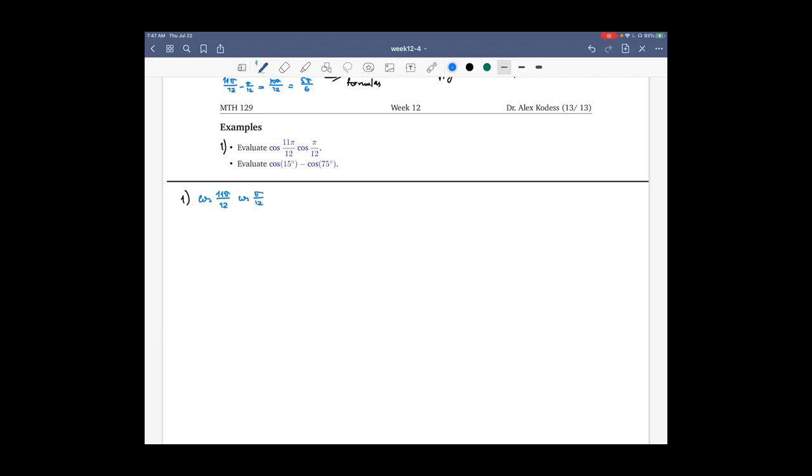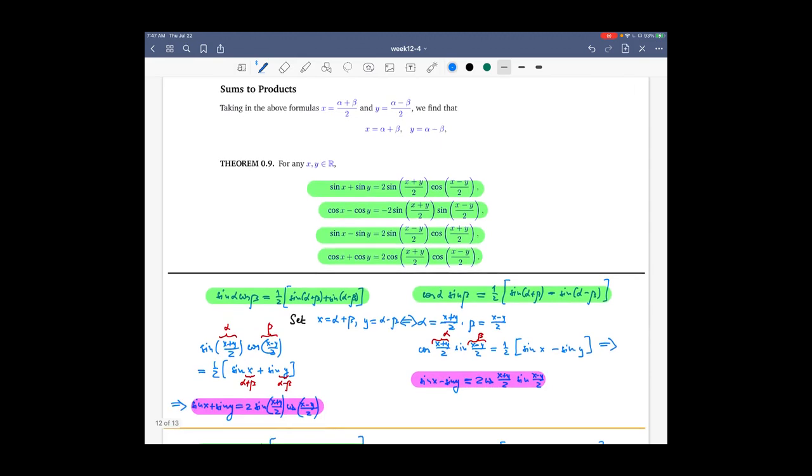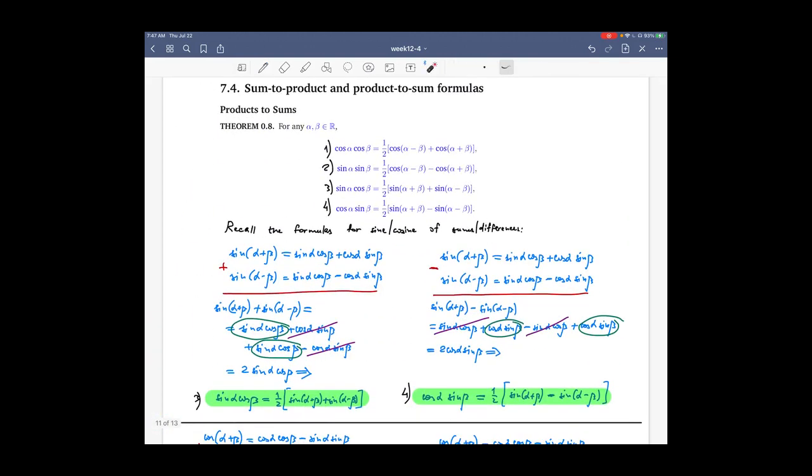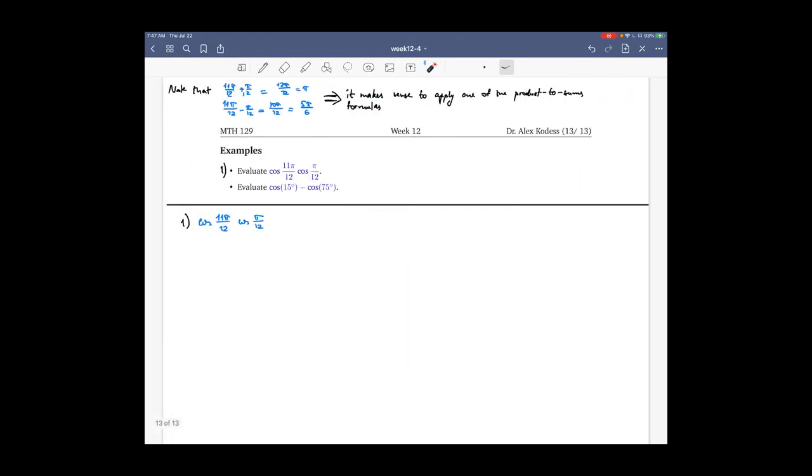This is a product of cosines. We need this formula, product of cosines. So let me write it here, product of cosines, cosine alpha cosine beta equals 1/2, have the difference, sine of a sum, minus sine of a difference.